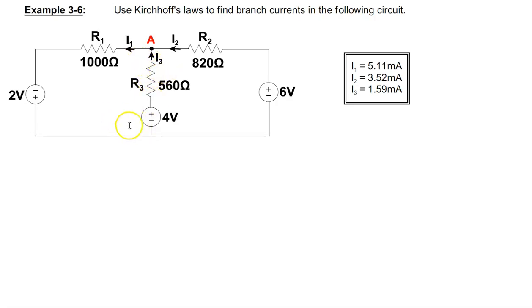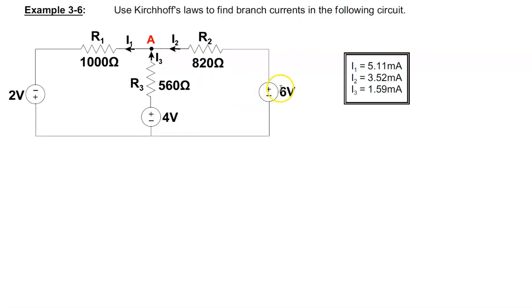Now, with respect to the polarity, you'll notice that the polarity of the 2-volt source is positive on the bottom, which means that the current probably comes out of the bottom of it and into the top. And so I've labeled I1 from right to left in that branch. Likewise for the 4-volt source, the current probably comes out of the top and goes up, so I've labeled I3 in that direction.